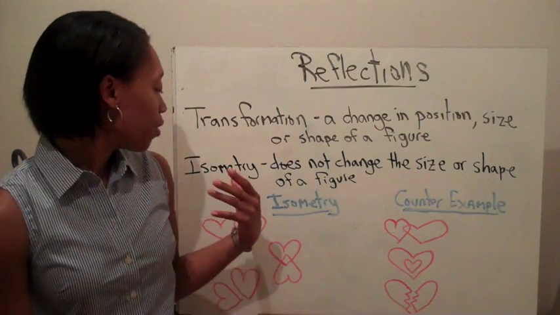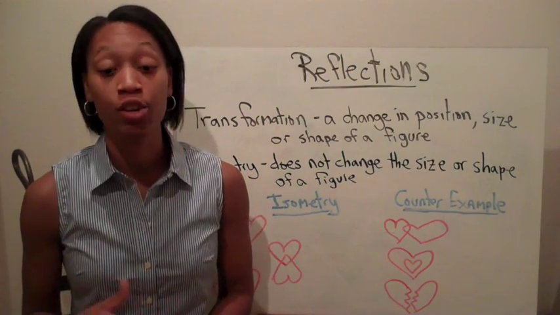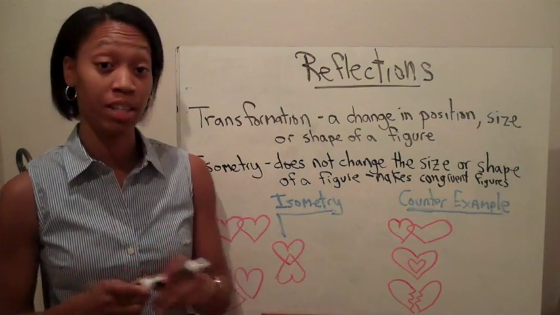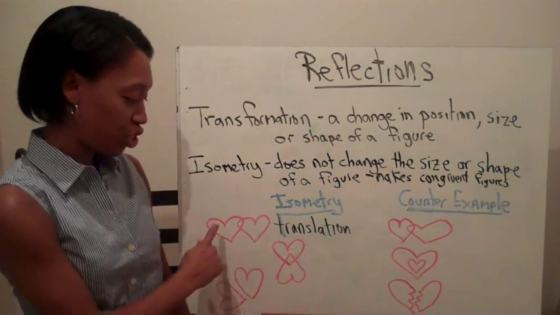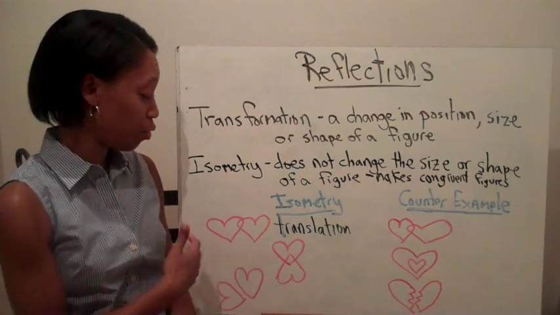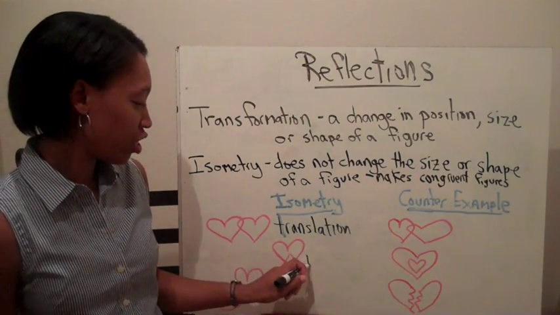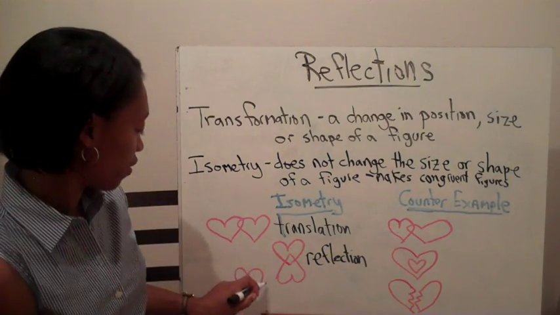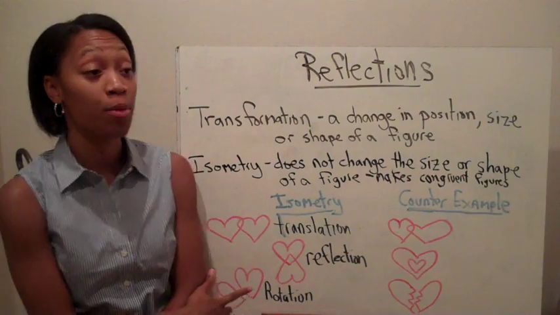So when we have an isometry, that creates congruent figures. One example of an isometry is a translation, which shifts the shape to another position. A reflection and a rotation are also examples of isometries.